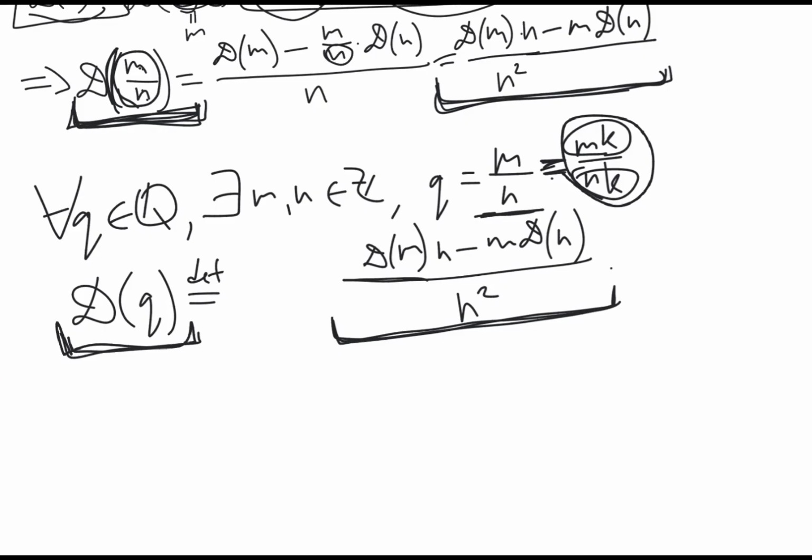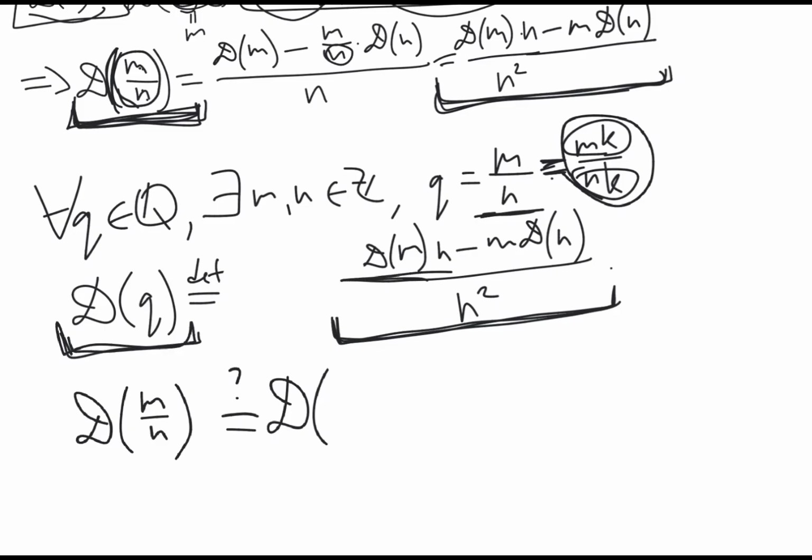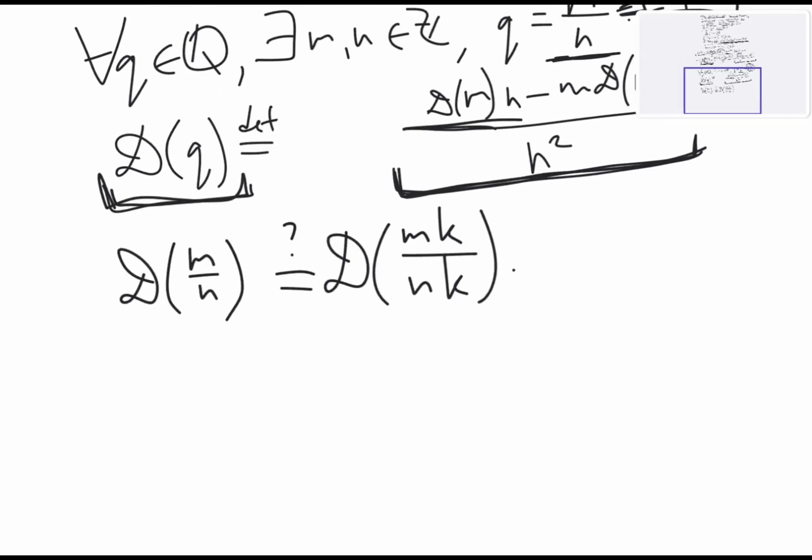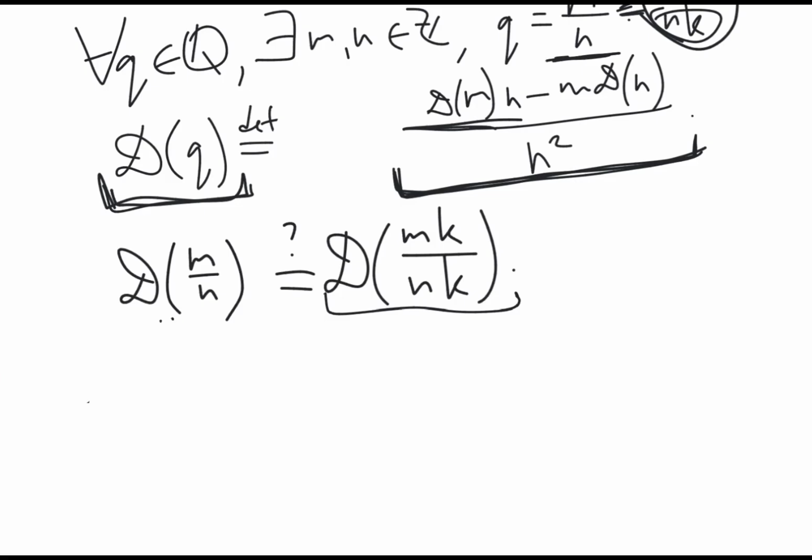So basically we need to prove that d of m over n is equal to d of mk over nk. Let's rewrite both of them. Basically we'll start from here and arrive at this.